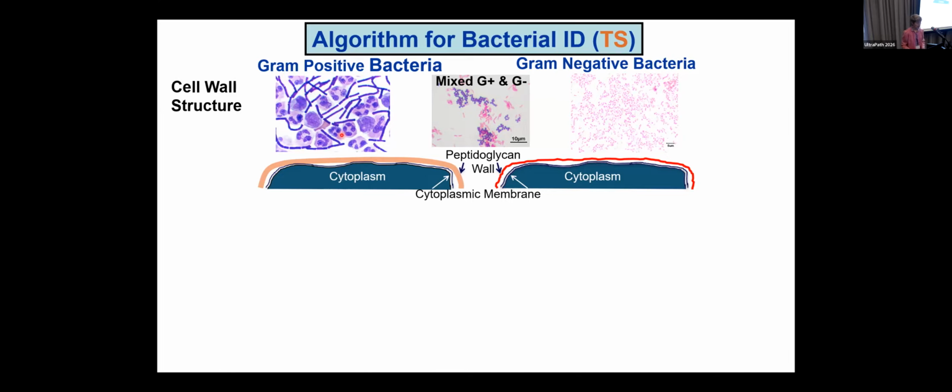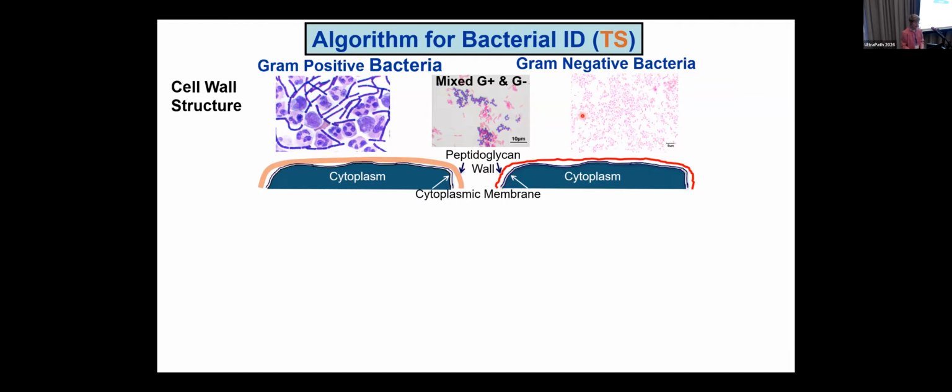But he also figured out that if you used alcohol to destain them, some of the bacteria would have their purple stain leached out, and they could be restained by a counterstain, safranin. So we have gram-positive bacteria that retain the stain, gram-negative bacteria that do not retain the crystal violet after alcohol and are red.